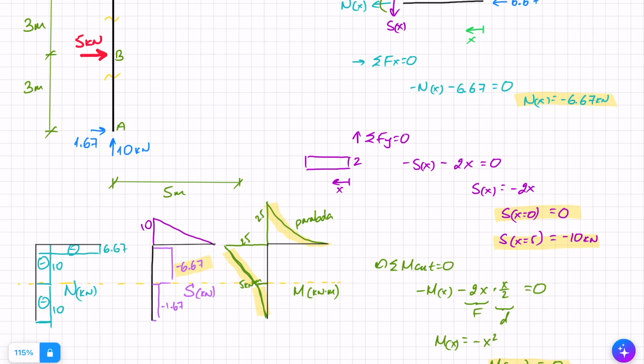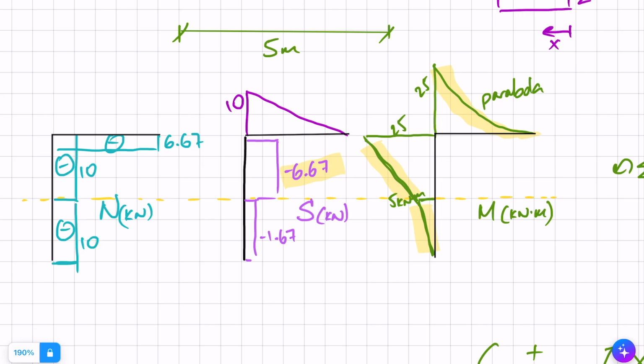Let's have a look at these in a little bit more detail. I can see a parabola, as we discussed before, where I've got a UDL, and straight lines where I have point loads. The values of 25 and 25 are the same, and they're also on the same side of the corner, so they're in equilibrium. Here I can see that this 10 is the same as this 10, which means that the axial and shear force have swapped sides.